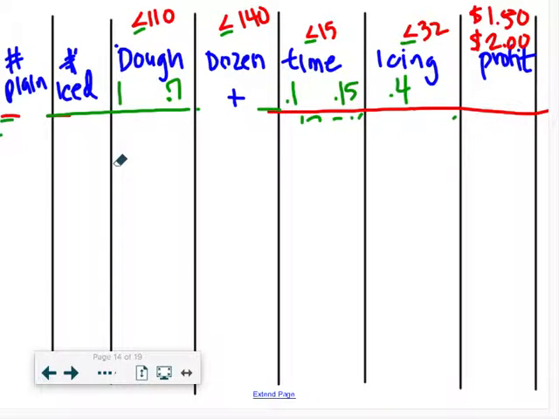Second hour, the first combination someone came up with was 70 and 70. Why might someone have picked 70 and 70 as a combination to start with, based on the constraints we have?